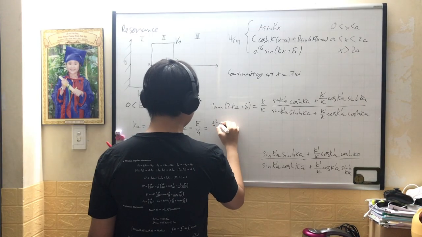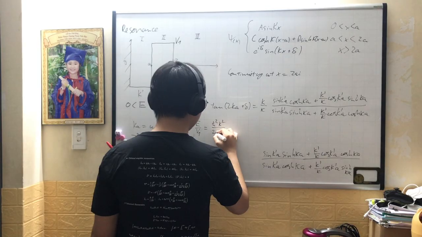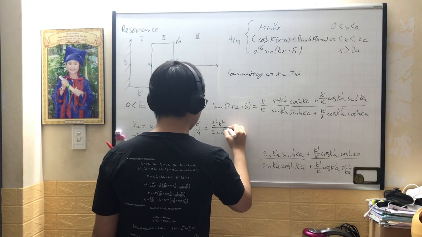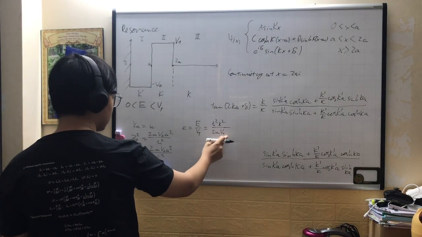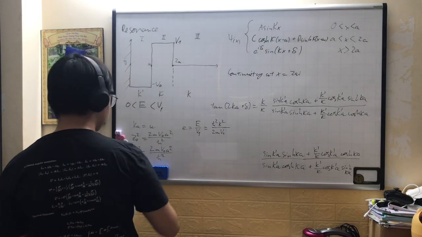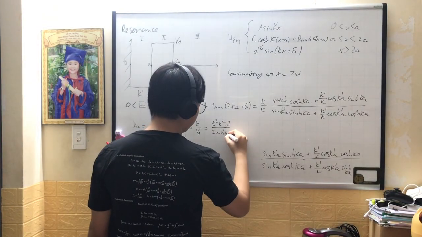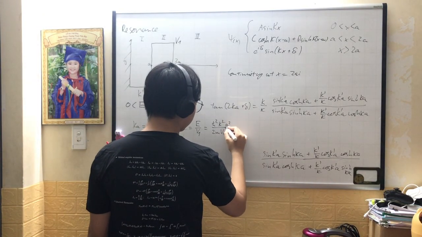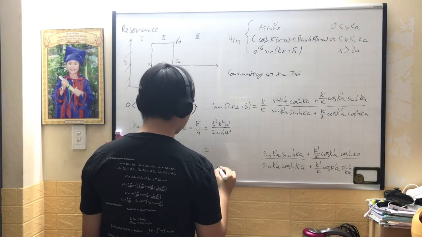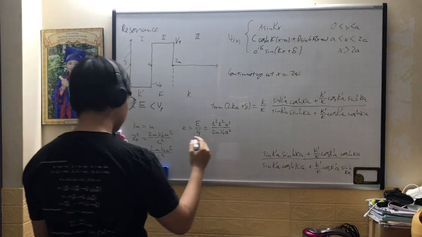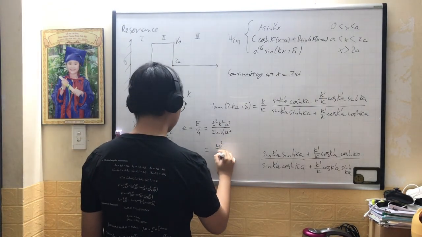E is H bar square K square over 2m V1. And you see, you can almost get your Z1 square with this. So we're just gonna multiply A square on both the numerator and denominator. That would give you, I believe, U square. Yeah, U square over Z1 square.